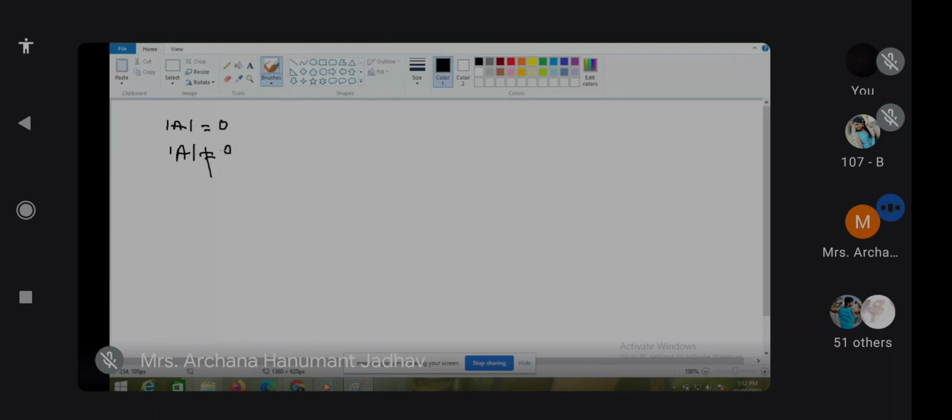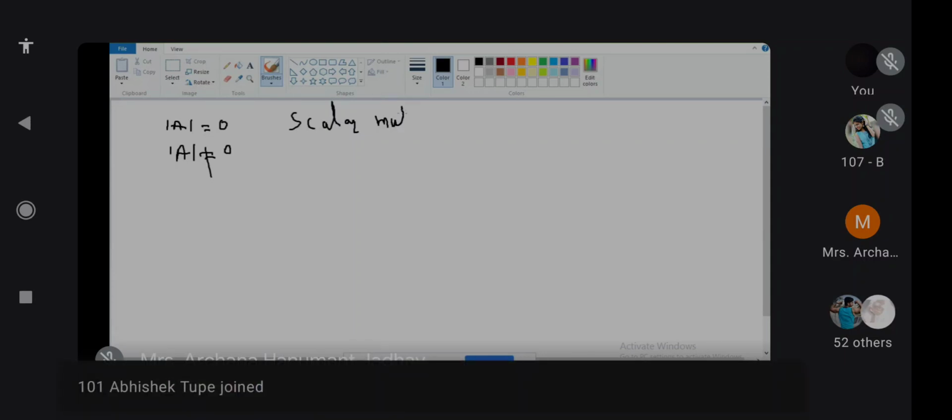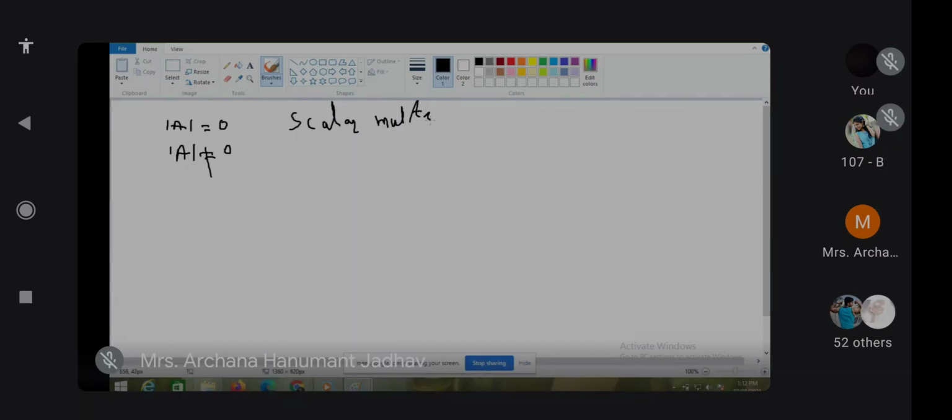Next topic is scalar multiplication. So simply, scalar multiplication.